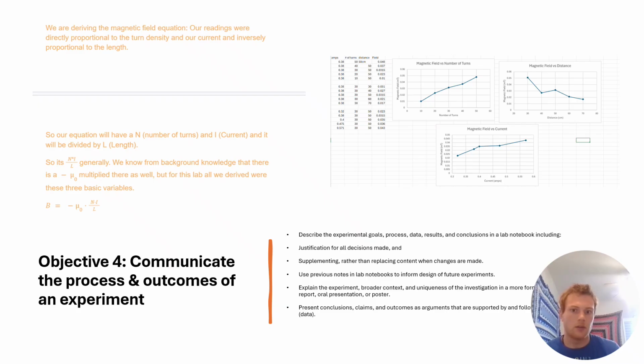I used my notes in the lab notebook to show that conclusion of deriving the three basic variables, and then using our evidence to show that as well. Like I mentioned, the proportionalities, figuring out what is proportional to what, how it looks, and figuring out our equation from there. Putting that all together is how you do that.